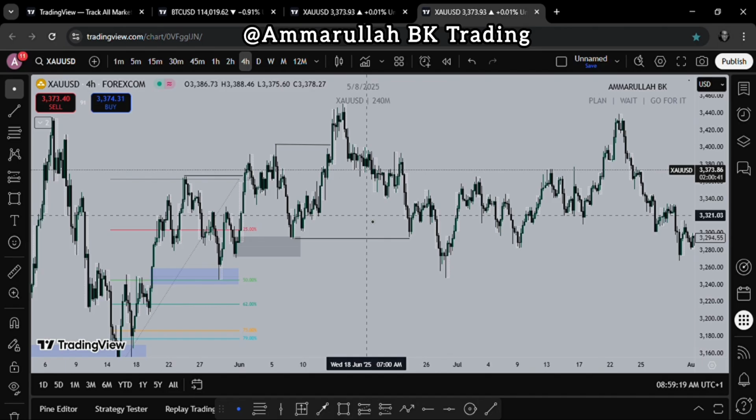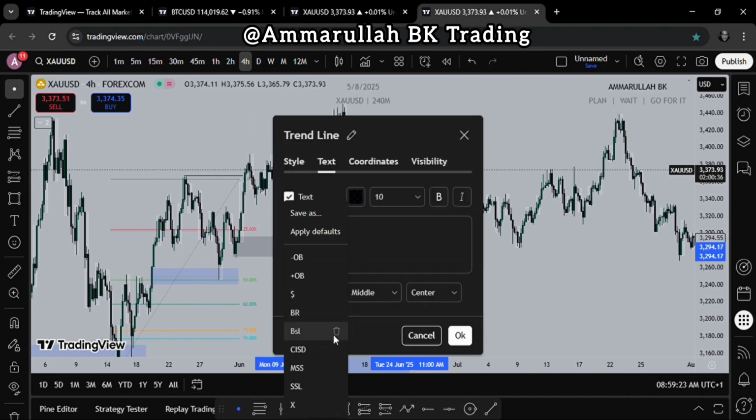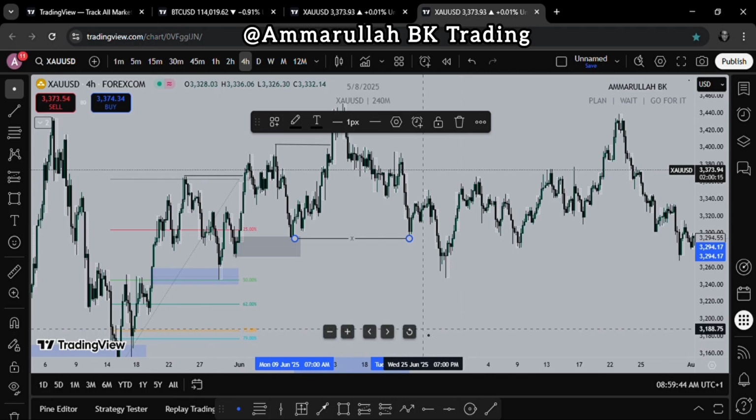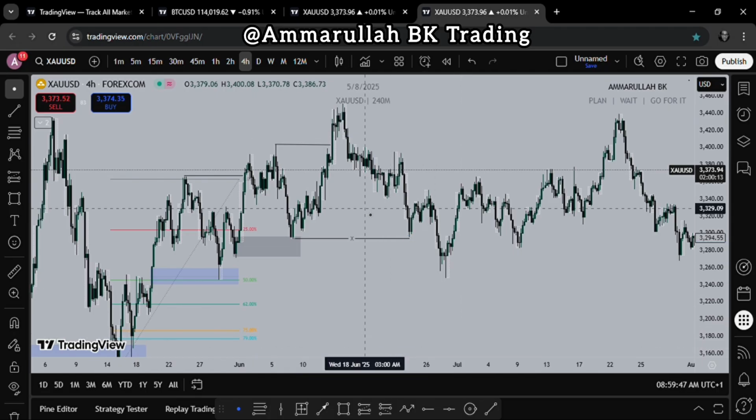They use the level to trap the retail traders so that they will execute their trades after taking out the liquidities of the retail, right? So this order block that was not respected, or that was mitigated once, may serve as an inducement in the future of price movement. So now this has turned into an inducement level.